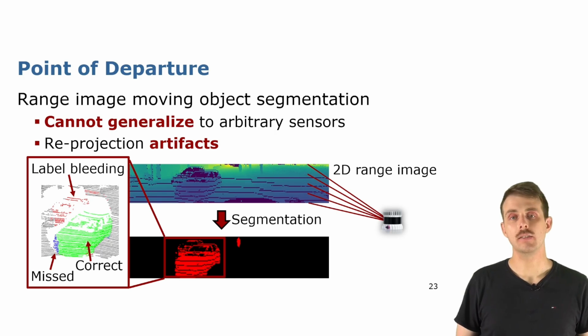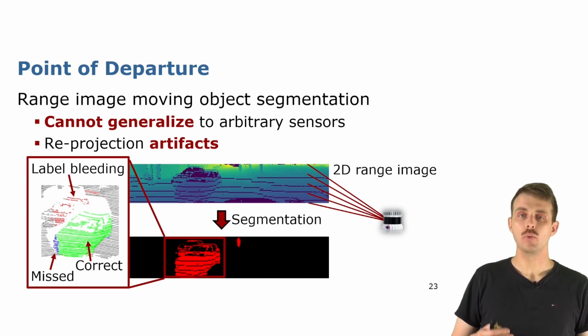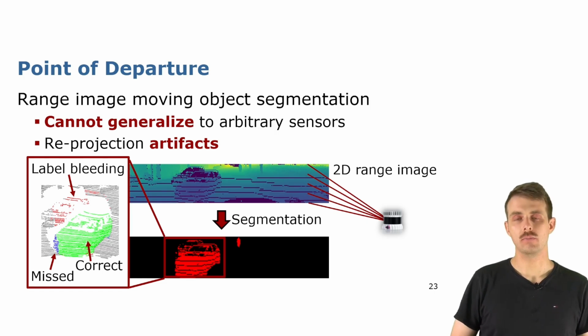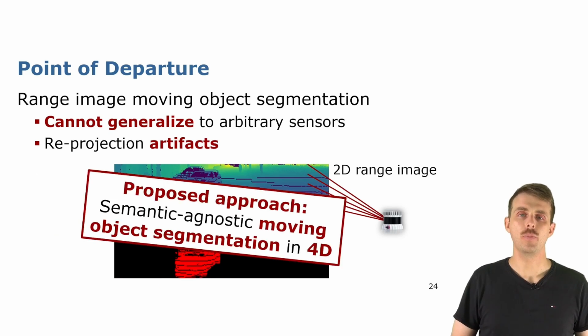In this case, we call this label bleeding because the labels of the moving object in the front were bleeding into the object in the background. In this case, because they were semantically close, so both were cars, it was maybe not easy in the range image to distinguish where the one car ends and the other one starts. And also sometimes they miss parts of a car because they do not use the 3D information fully.